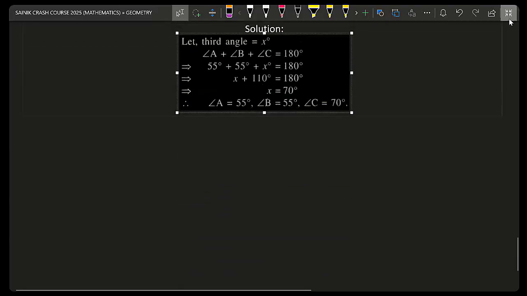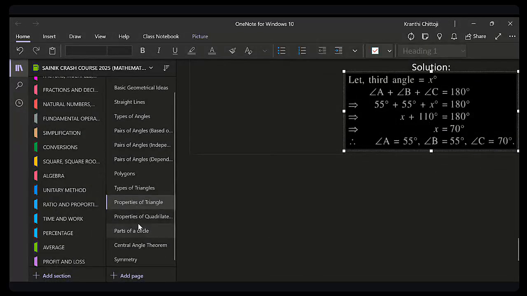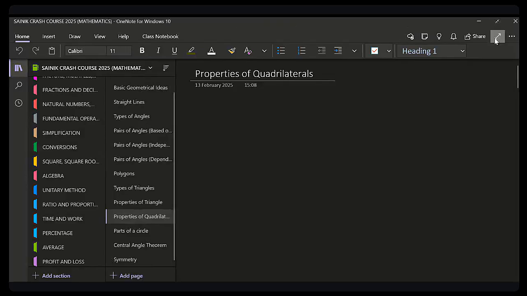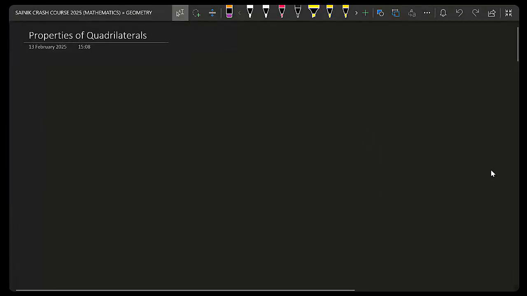So this is about angle sum property, and then we have properties of quadrilateral. This is a very important topic, and time may not be sufficient for us. No problem, let's try to discuss some of the properties of quadrilaterals. First property of the quadrilateral is the number of diagonals.